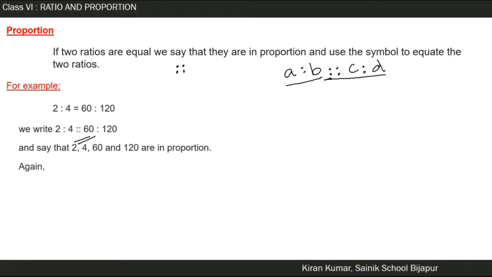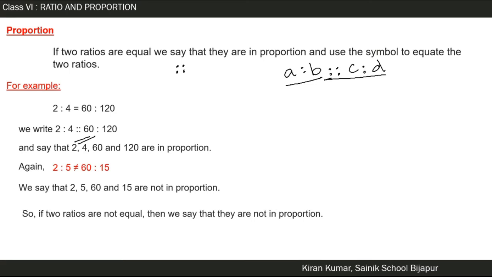Again, 2 is to 5 is not equal to 60 is to 15. They are not equal. We say that 2, 5, 60 and 15 are not in proportion. So, if two ratios are not equal, we say that they are not in proportion.